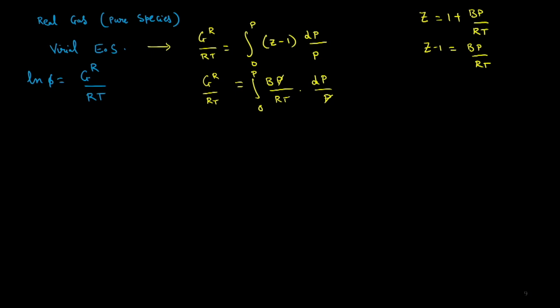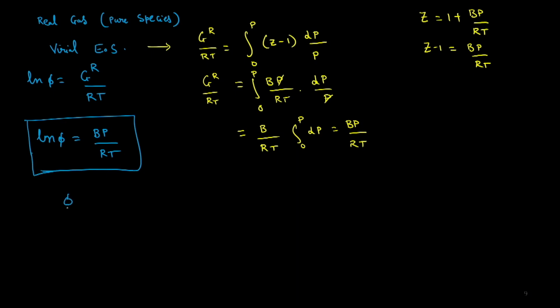The second virial coefficient is a function only of temperature, so I can take everything out of that integral sign because they are only functions of temperature. B over RT integral 0 to P dP, or this will be BP over RT. So gr over RT is essentially BP over RT using the virial equation of state, or ln phi is going to be simply BP over RT.